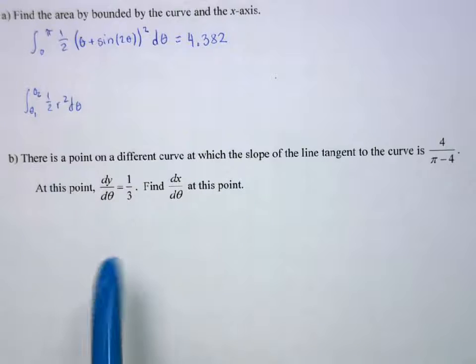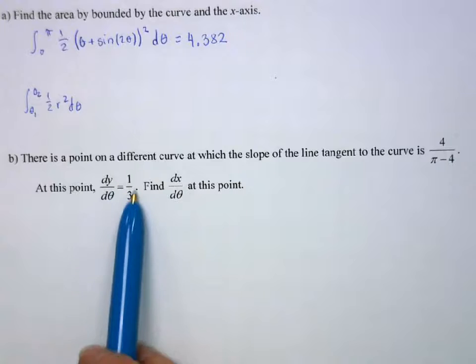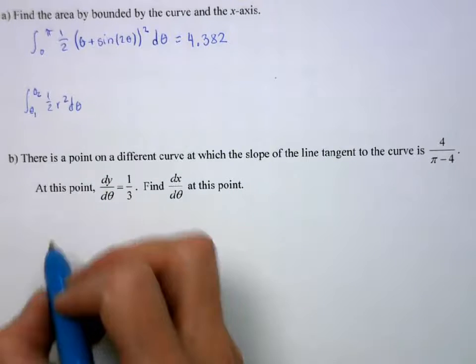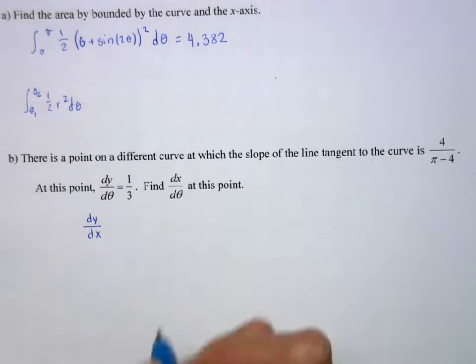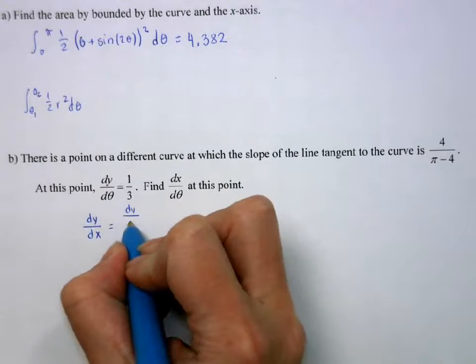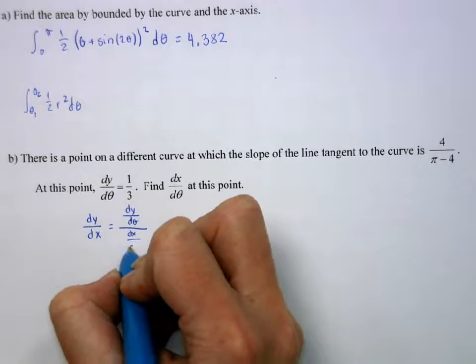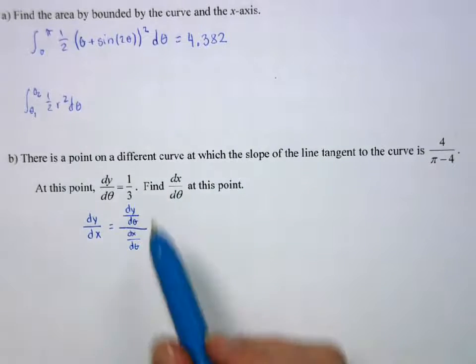Okay, the second part of this polar problem: there's a point on a different curve at which the slope of the line tangent to the curve is 4 over pi minus 4. At this point, dy d theta is 1/3. Find dx d theta at this point. Well, we need to understand that dy dx, which is slope, in polar is always going to be dy d theta over dx d theta. And then we'll substitute in the parts that were given.